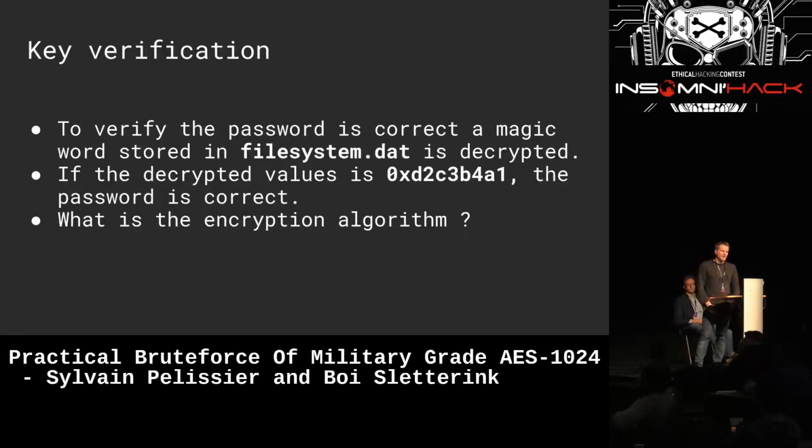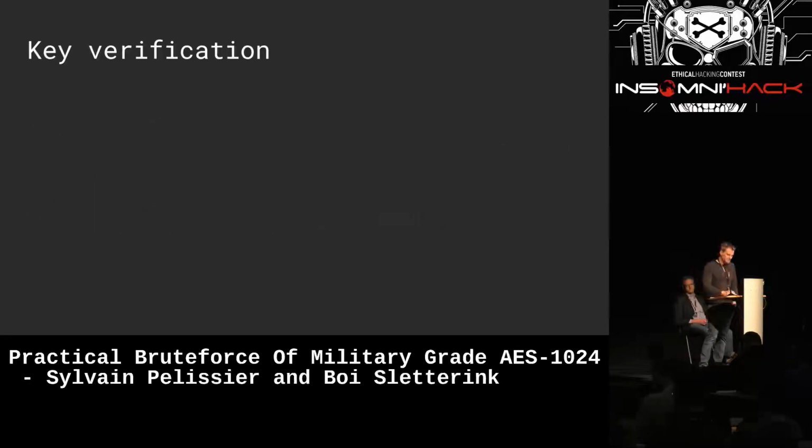And now let's see how the password is verified to be correct. As I explained before, it uses a value stored in filesystem.dat. It's a magic value, which is decrypted. If the value is D2C3B4A1, then the password is considered to be correct. So I needed to figure out what the encryption algorithm was.